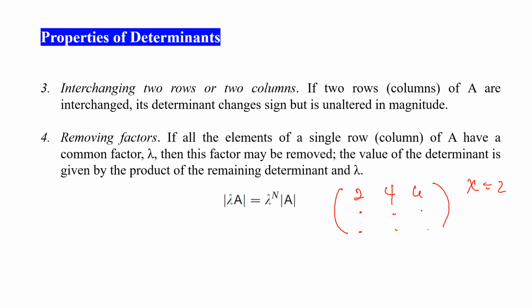So you can remove that factor such that you just have 1, 2, and 3. The value of the determinant is given by the product of the remaining determinant and lambda. So you find the determinant of this one and then you multiply with your lambda. So that's the determinant of lambda A, which is equal to lambda^n times the determinant of A.